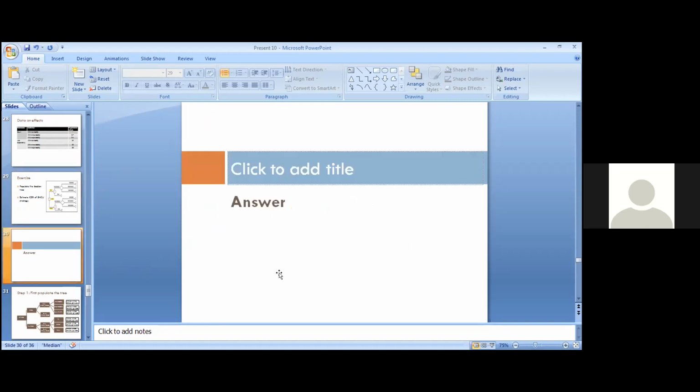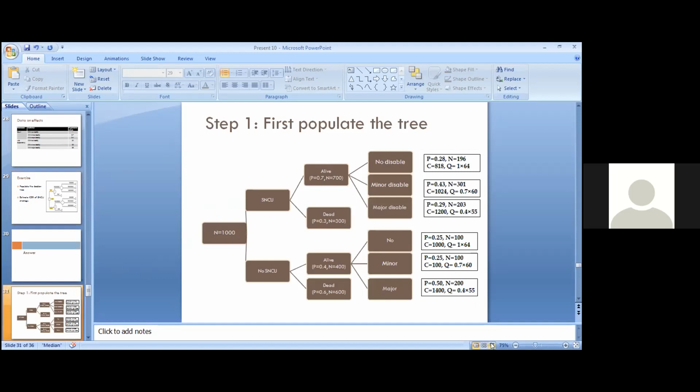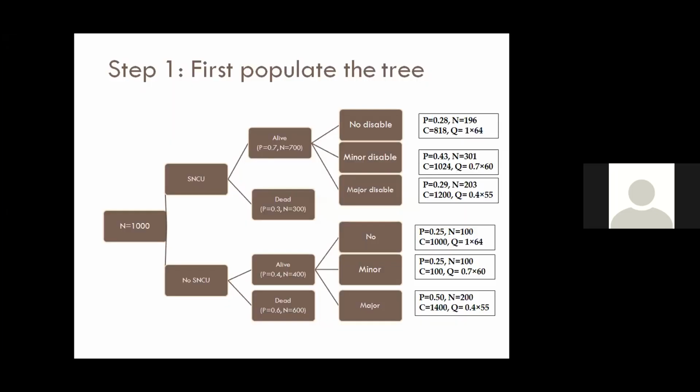So what we did, this is the scenario you will see. That is the way we populated. Now, in that exercise, you remember that n is 1,000, total number of people 1,000. So SNCU or no SNCU, that was the decision problem.